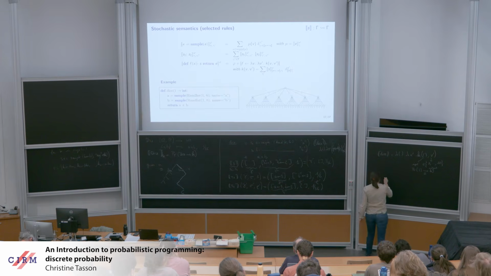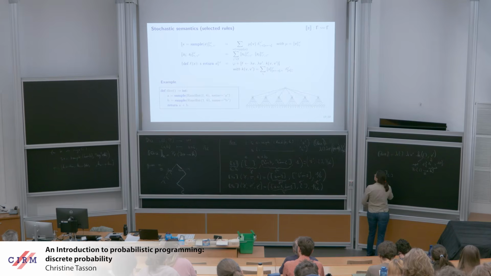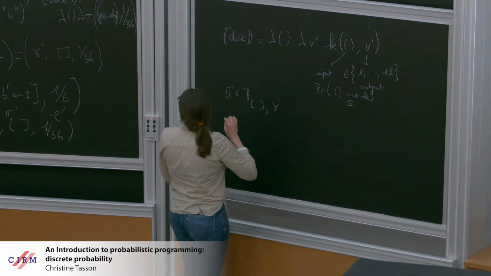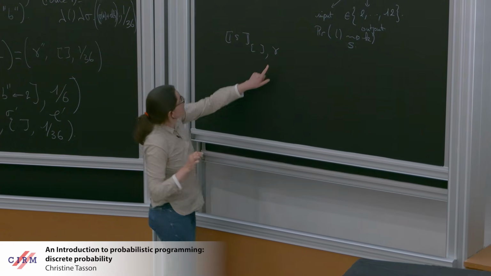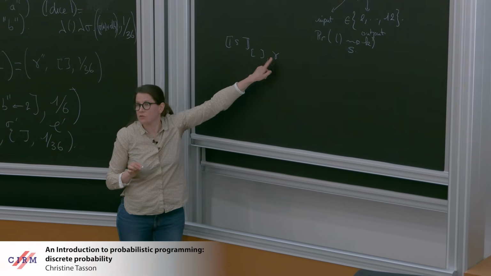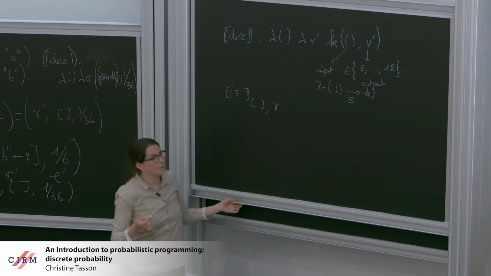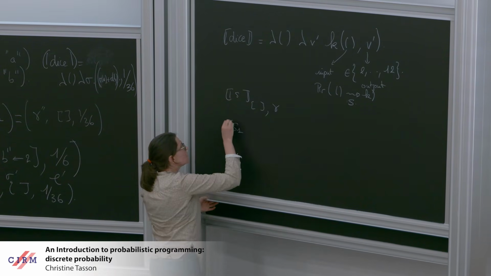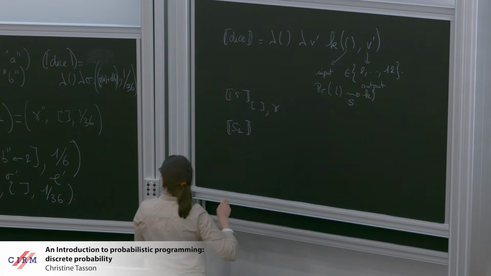So I need to compute S of the empty environment into gamma. What are the potential gamma after throwing the two dice? Let's have a look. S1 is: let x equals sample my dice.